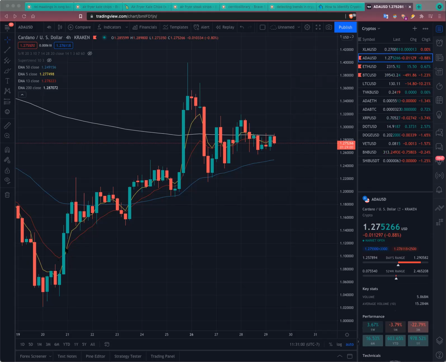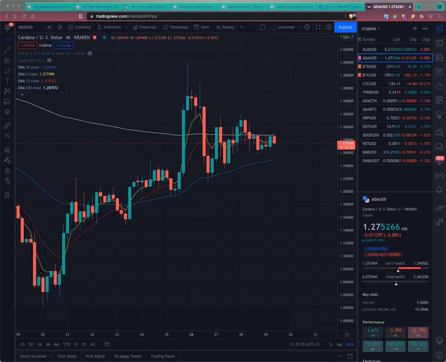One thing I wanted to show you was right here. Let's call the red line the ketchup. Let's call the yellow line the mustard. And let's call the blue line the water, right? Very simple. The red line is ketchup, the yellow line is mustard, and the blue line is water.